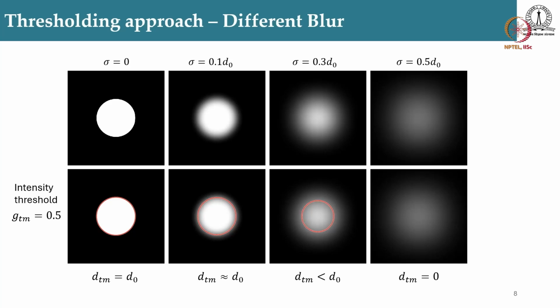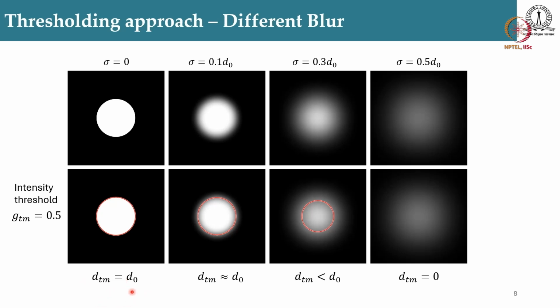So here we have taken particles with different extents of blurring, as I've shown you earlier, and we chose a threshold value of 0.5 and see what is being detected. So for the same particle, these are the images with different extents of blurring. The first one, where the blurring is 0, the thresholded size is the same as the particle size, right?